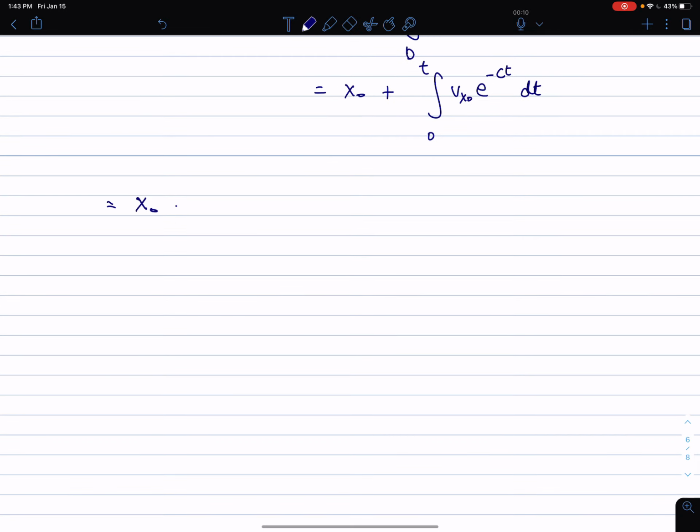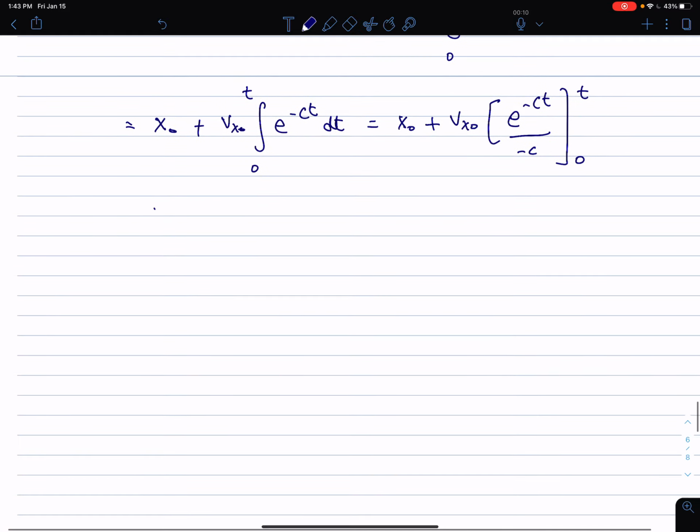Let me just do the integration carefully. We can bring the vx naught outside. The integral of e to the power minus ct is just e to the power minus ct divided by minus c. And then we can plug in 0 and t.